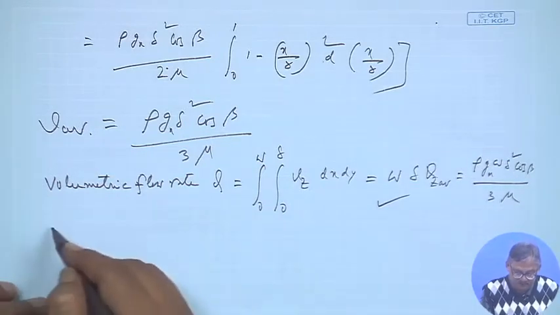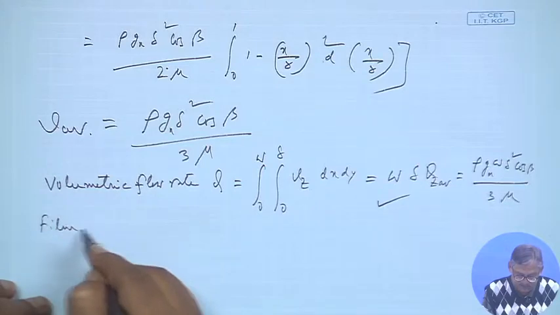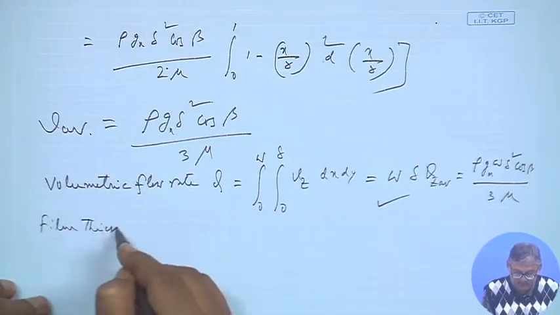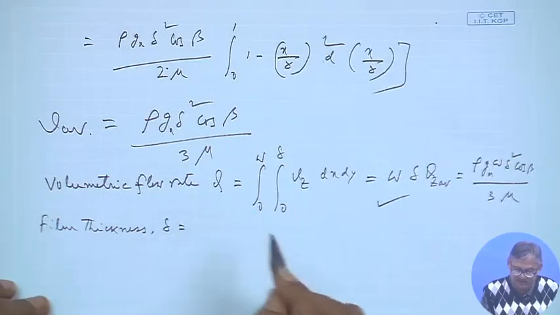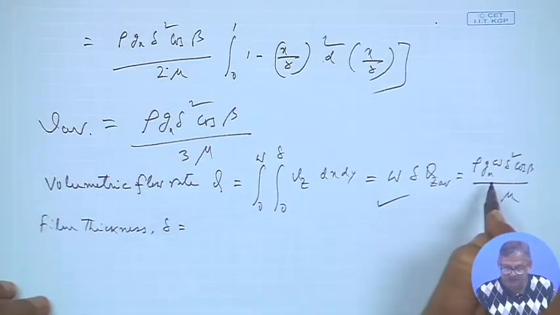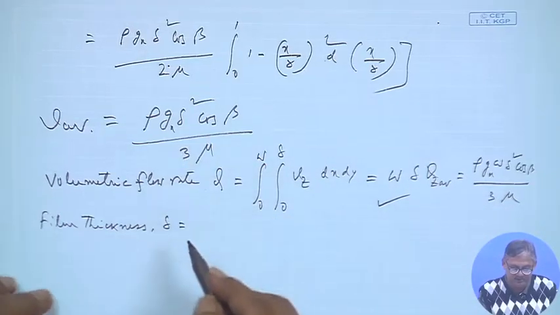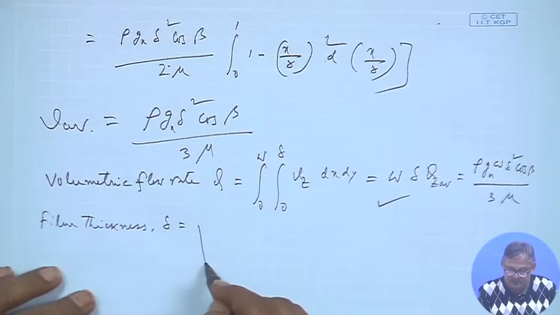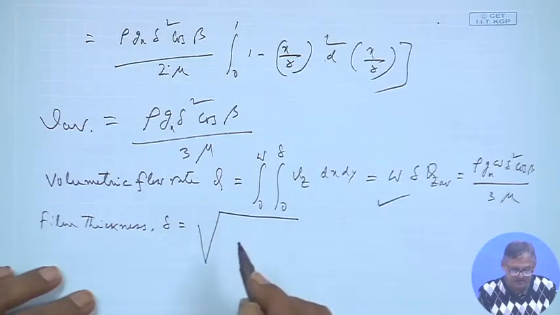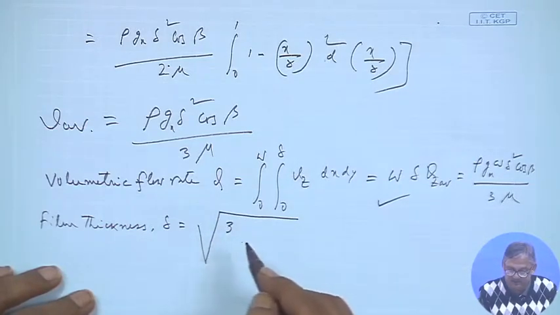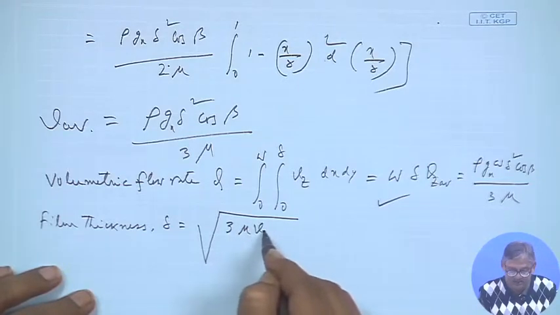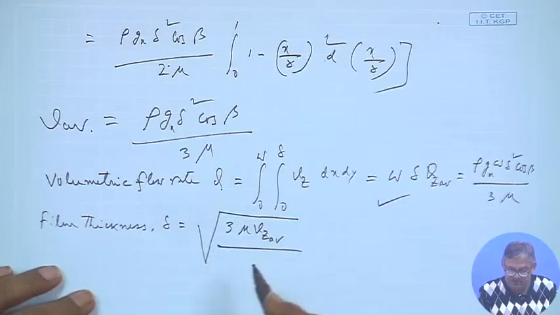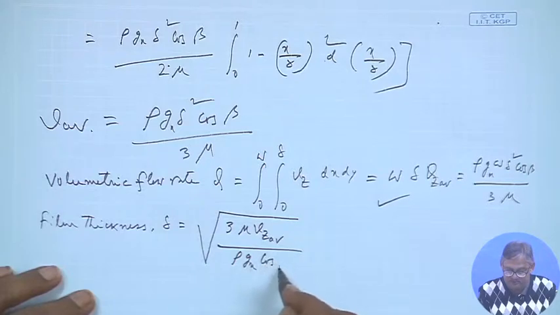Then the film thickness delta can be found from the volumetric flow rate or the average velocity, whichever way we want. So it can be written as 3 mu Vz average over rho gx cos beta.